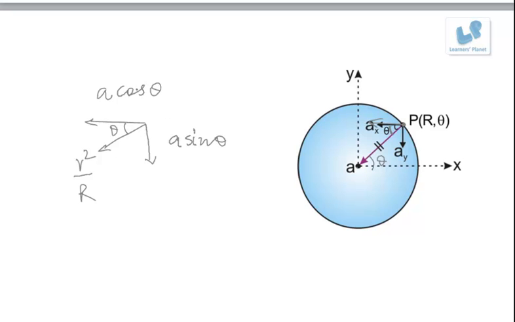Now you can see that this acceleration is in the minus x direction, so the direction is minus i cap, and here it is minus j cap.